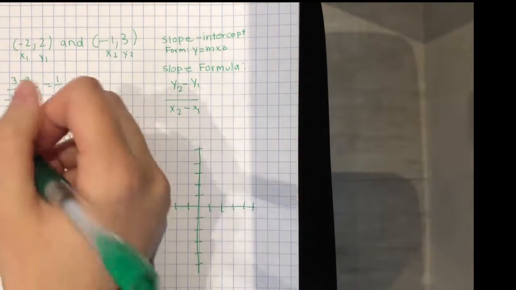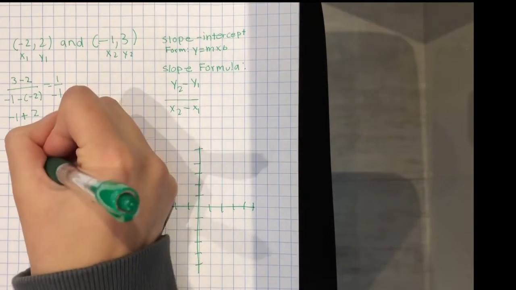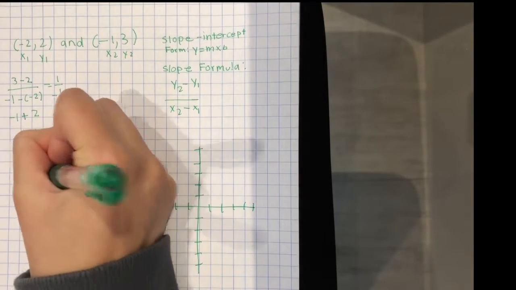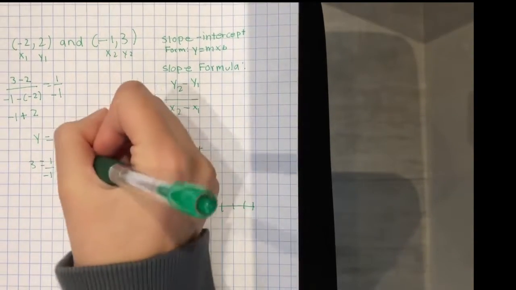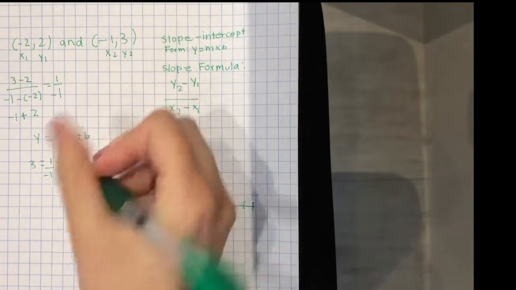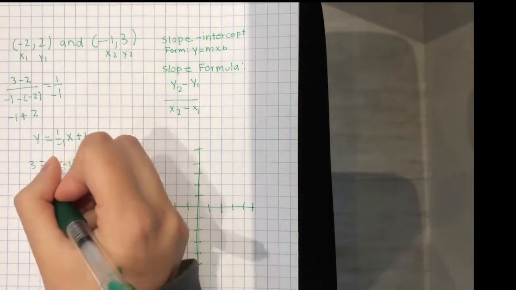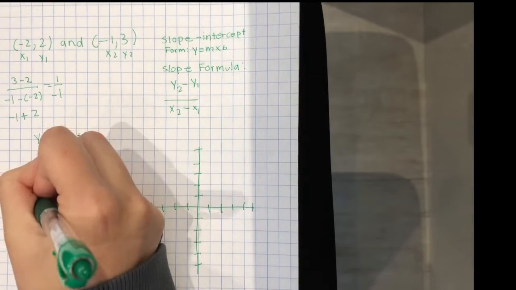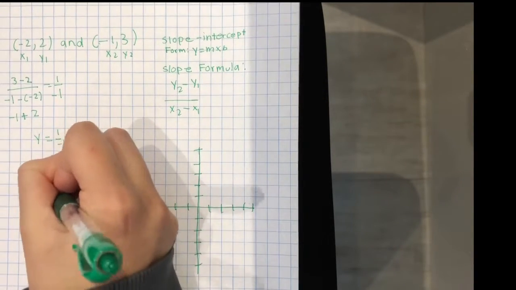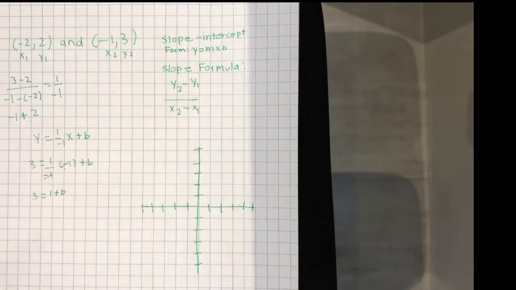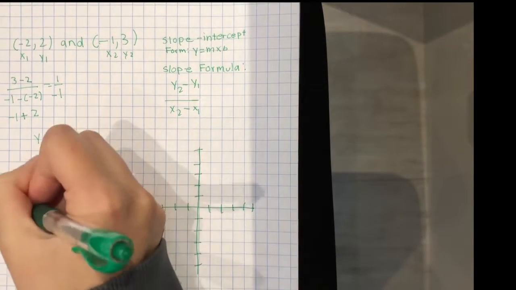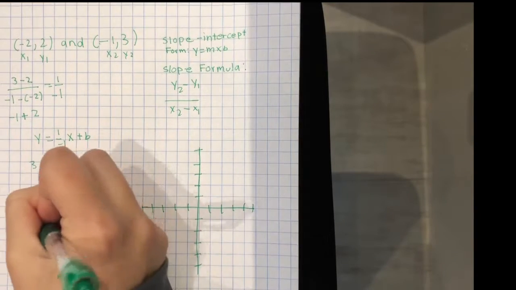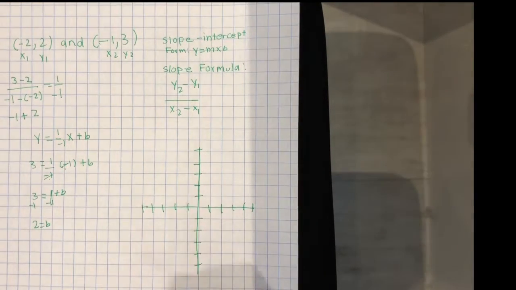So when I plug that in, I have 3 equals 1 times negative 1 plus b. So I'm left with 3 equals negative 1 plus b. I'm going to add 1 on both sides. I have 4 equals b. So that's your y-intercept.